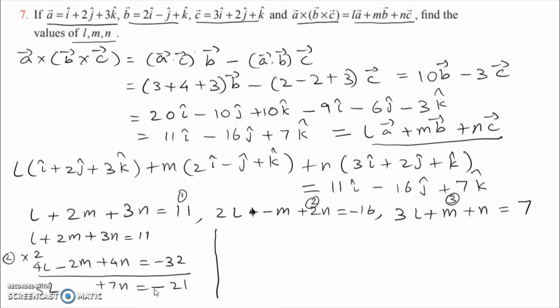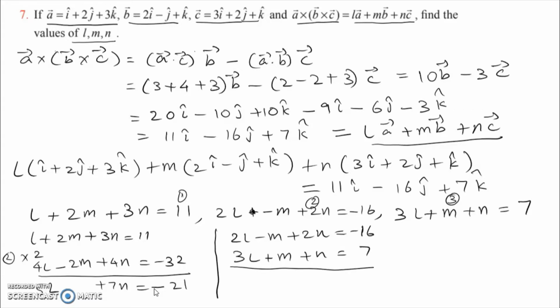Next, let's add 2 and 3. So if we add 2 and 3, we will get 2L minus m plus 2n is equal to minus 16. Add it with 3L plus m plus n is equal to 7.